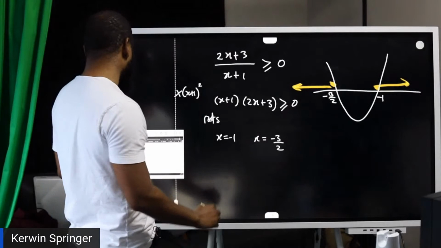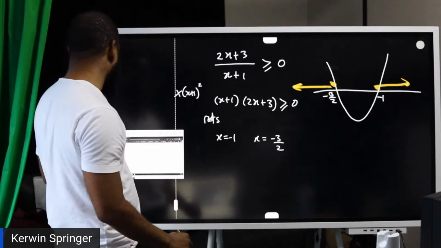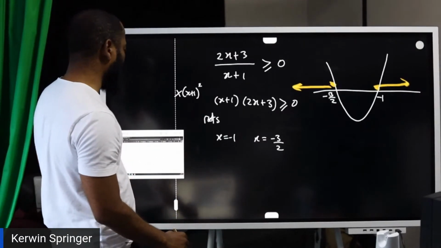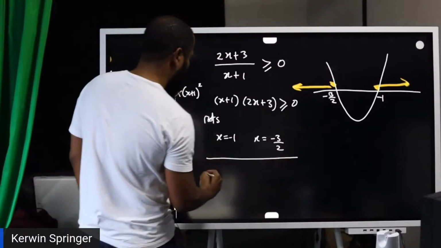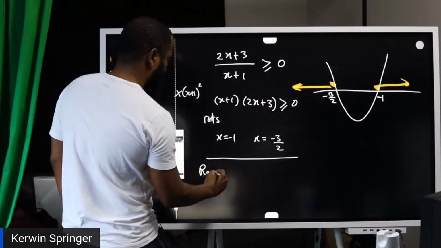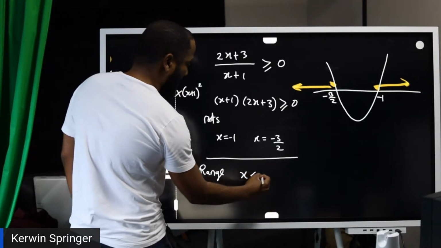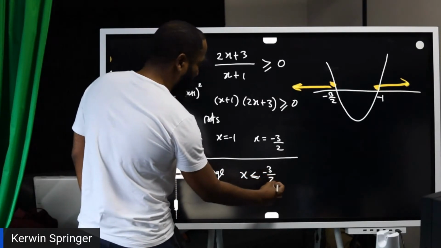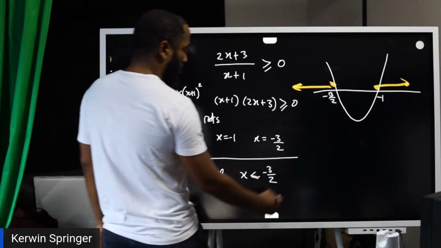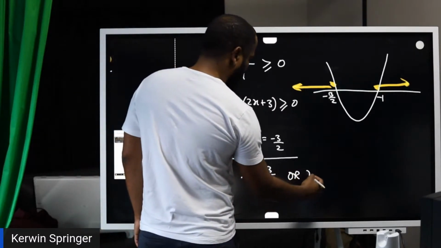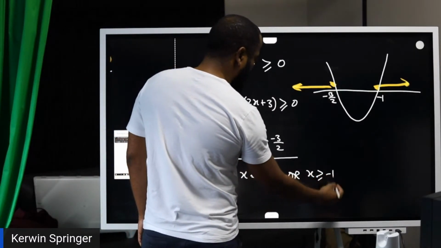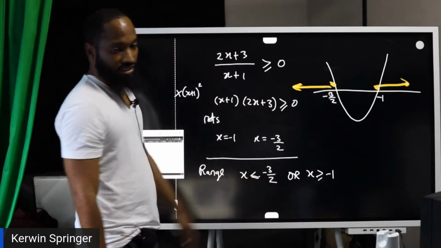So the solution for this, the range of values, is when x is less than or equal to -3/2, we expect to get answers more than 0, or when x is more than or equal to -1, we also expect to get answers.